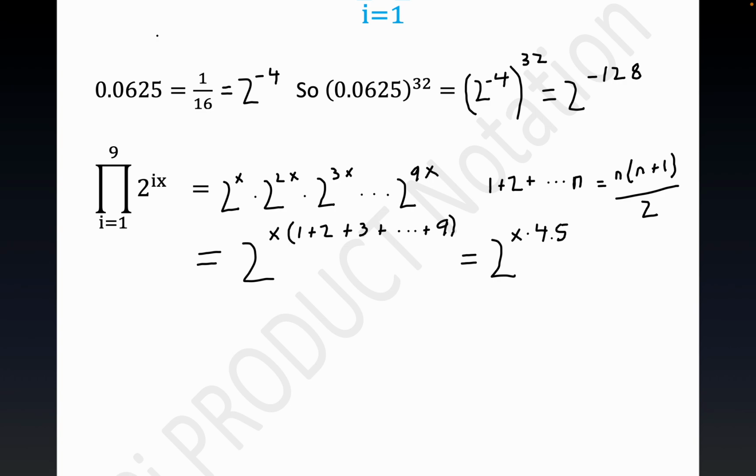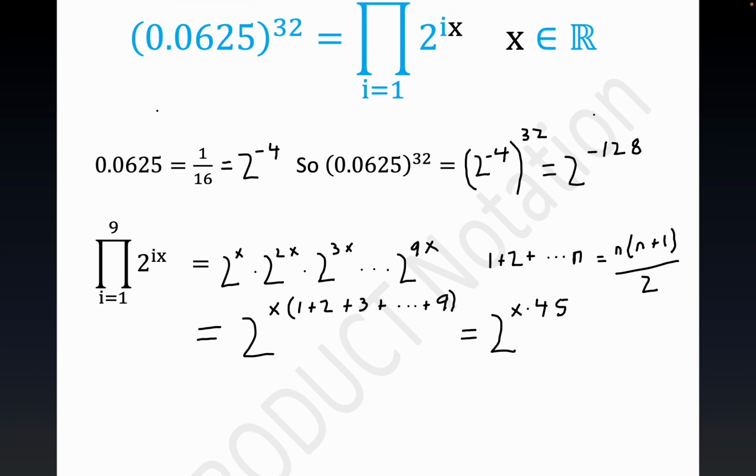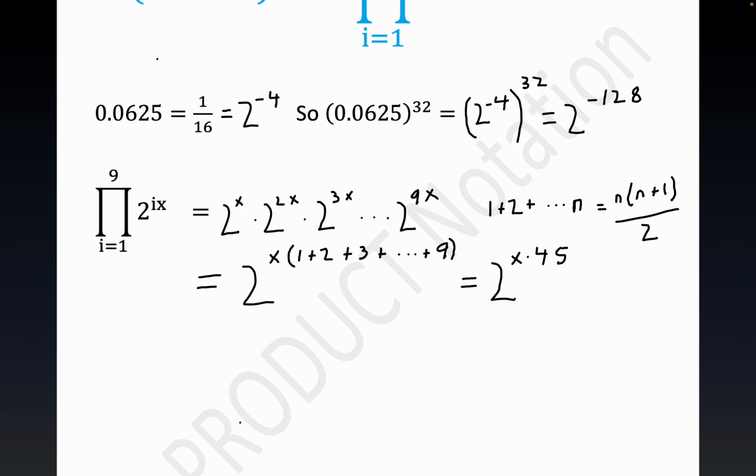But you see what we can do right now is, this piece right here is the left-hand side of the equation, and then this piece right here is the right-hand side of the equation. So all we have to do is equate, and I'll write this as 2 to the 45x, with 2 to the minus 128.